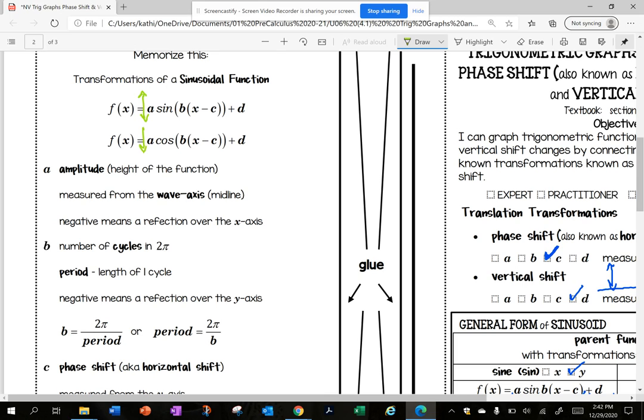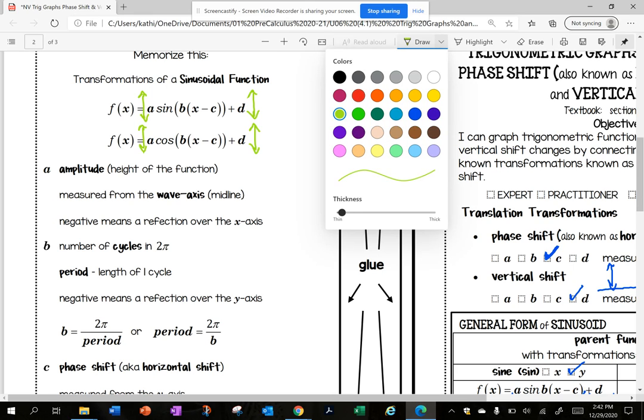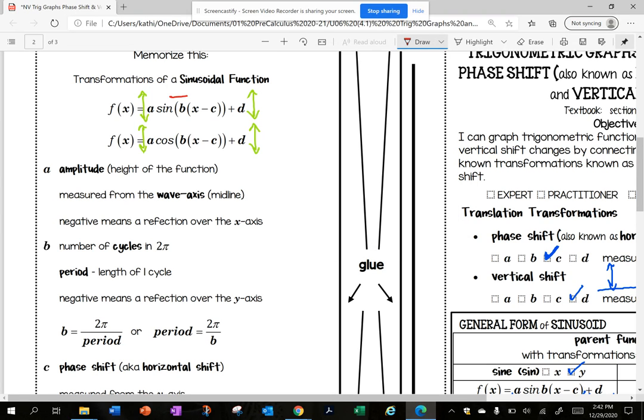So I know my amplitude, which is my A transformation or parameter change, and my vertical shift are both normal. And my B and C transformations, so the number of cycles I have in 2 pi and my phase shift are backwards.